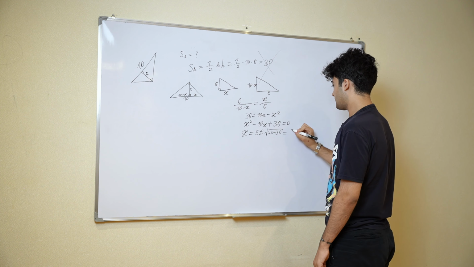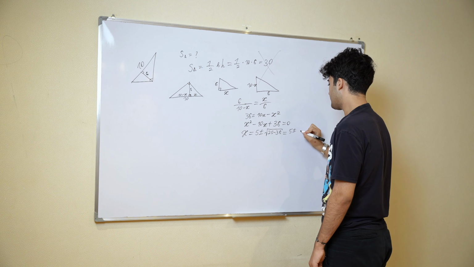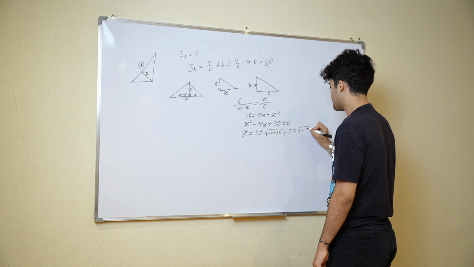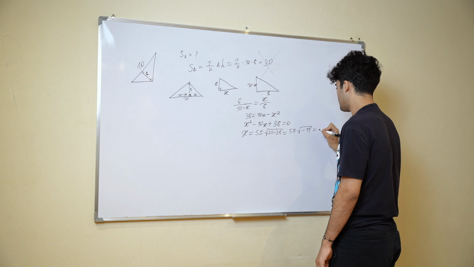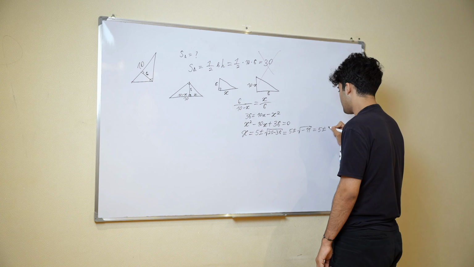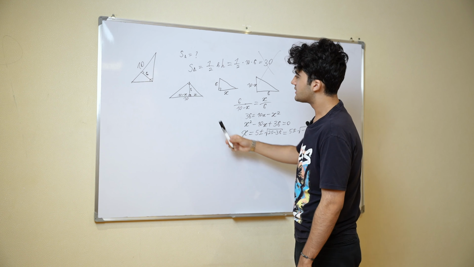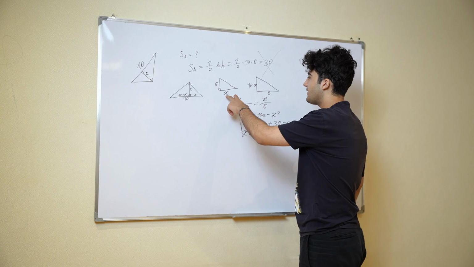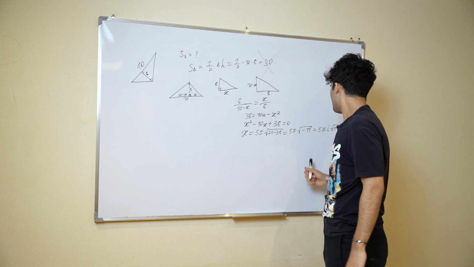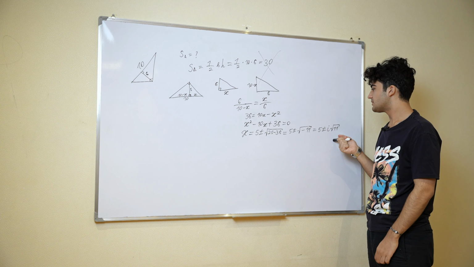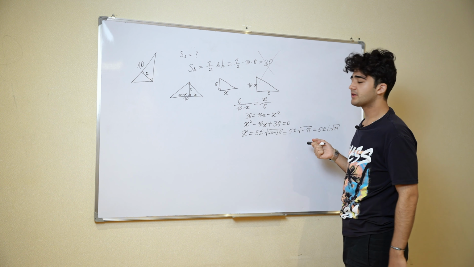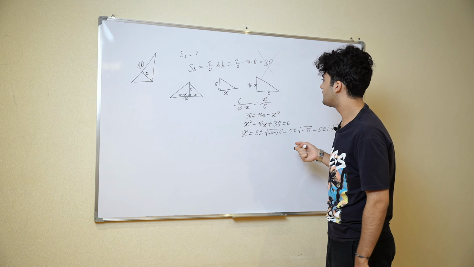That gives us 5 plus or minus the square root of minus 11, which is 5 plus or minus i root 11. If you look at this picture, x has to be a real number, but we get a complex number, which is geometrically wrong.